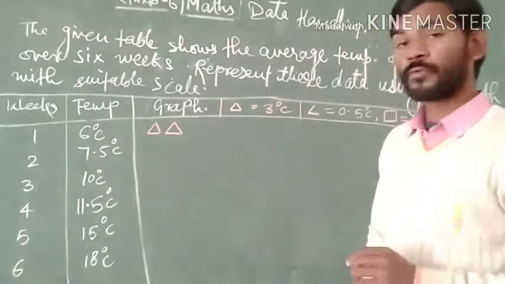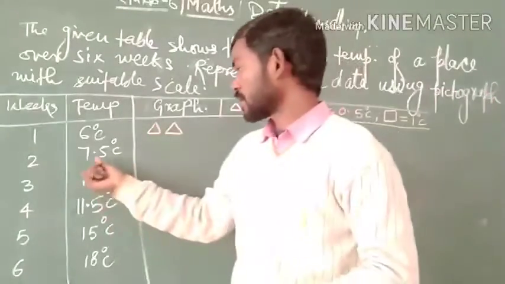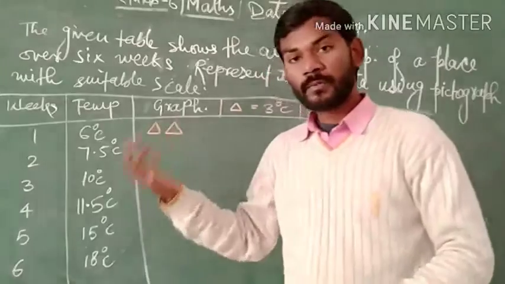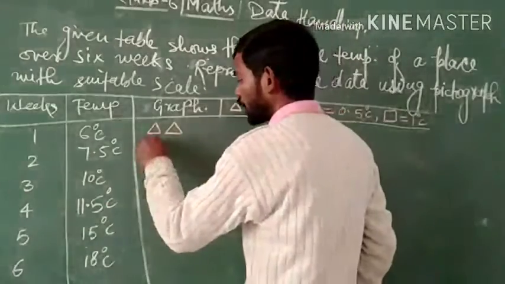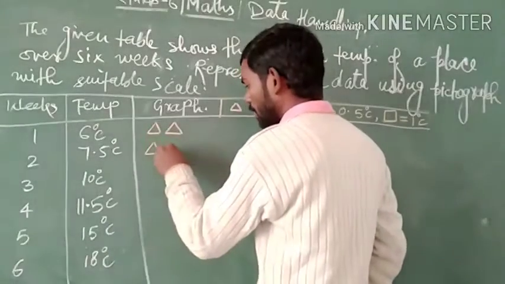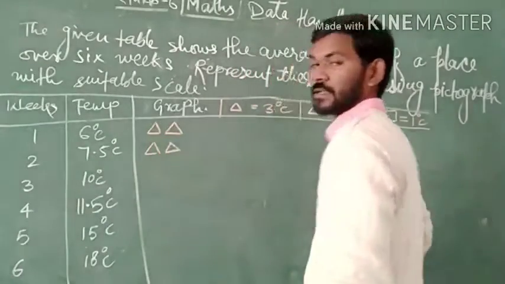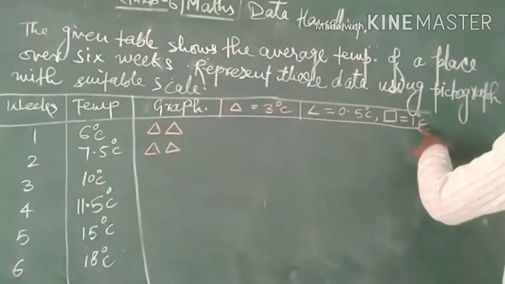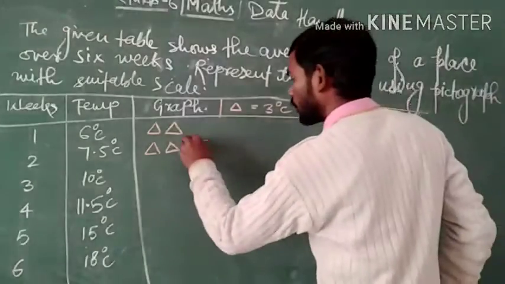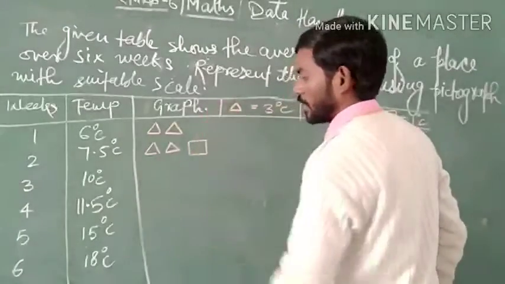Now in the next week we have the temperature as 7.5 degrees centigrade. First of all we draw two triangles, which represent 6 degrees centigrade, and for 1 degree centigrade we draw a square.